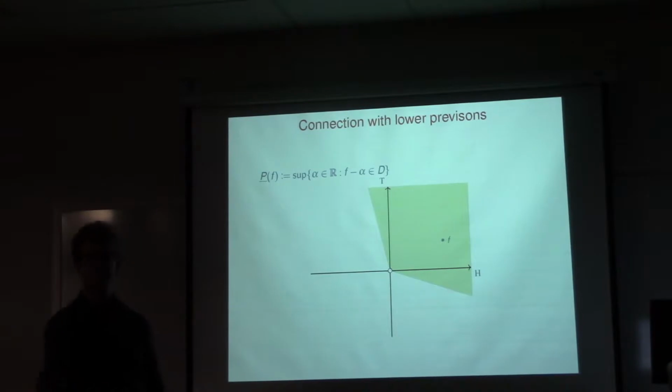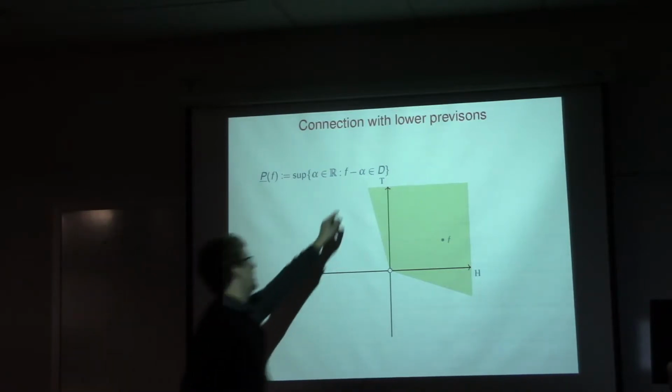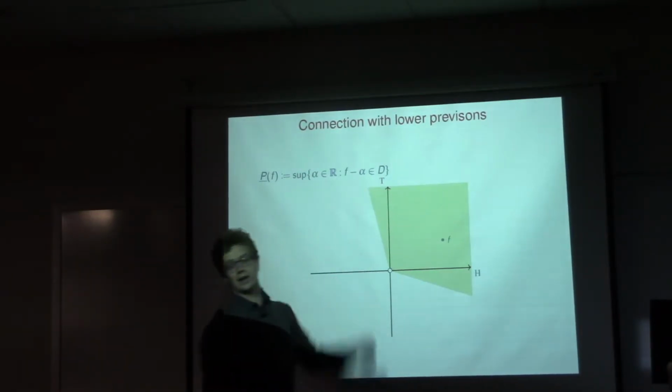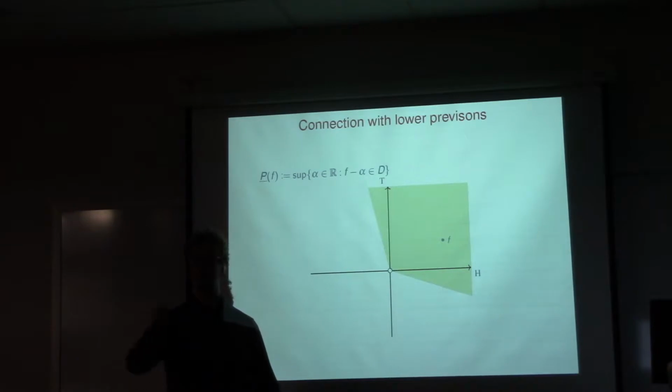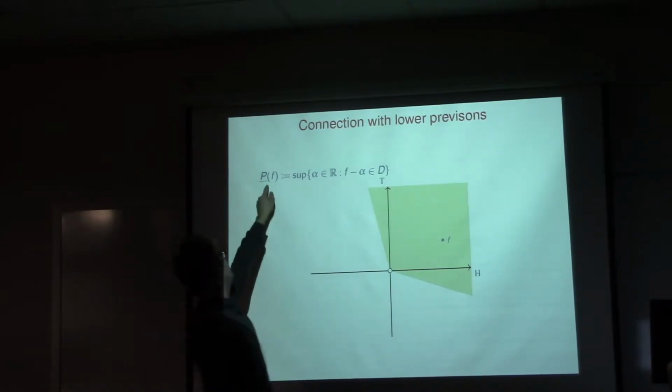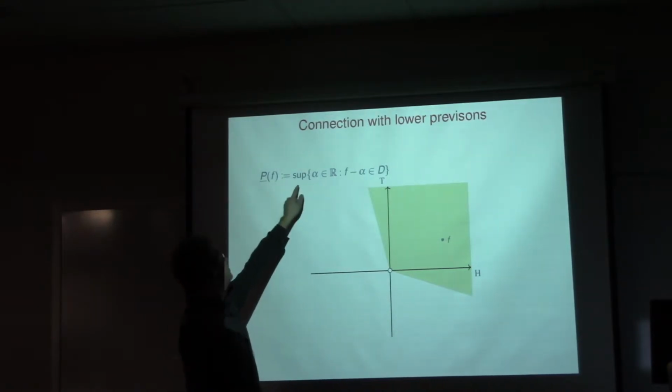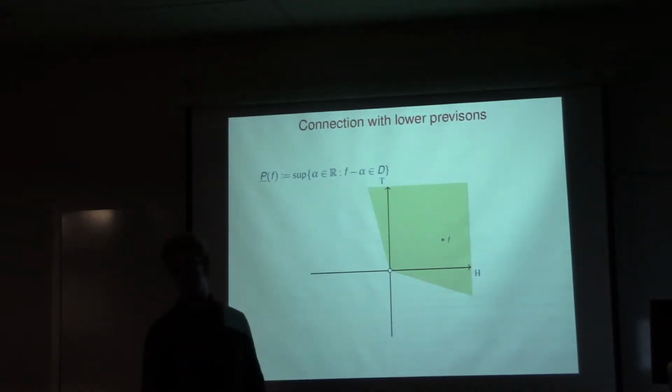It means I receive f and I give away alpha, so I buy f for the price alpha. If f minus alpha is desirable, then this transaction of receiving f and paying alpha is desirable to me. So the lower prevision of f is the supremum desirable buying price to me.